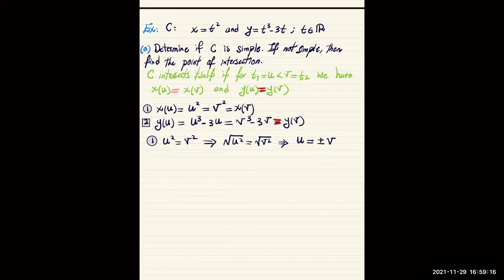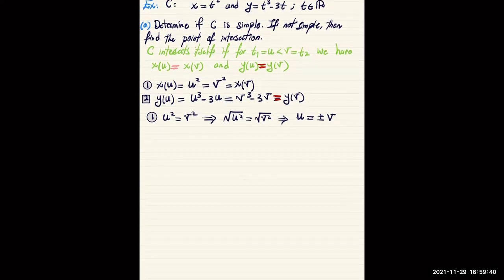We have to take u equal negative v because we assumed earlier that u is less than v, guys. If you take u equal to v, well, those are the same t values. We're not interested in that. We want to know if for two different t values, we get the same point.